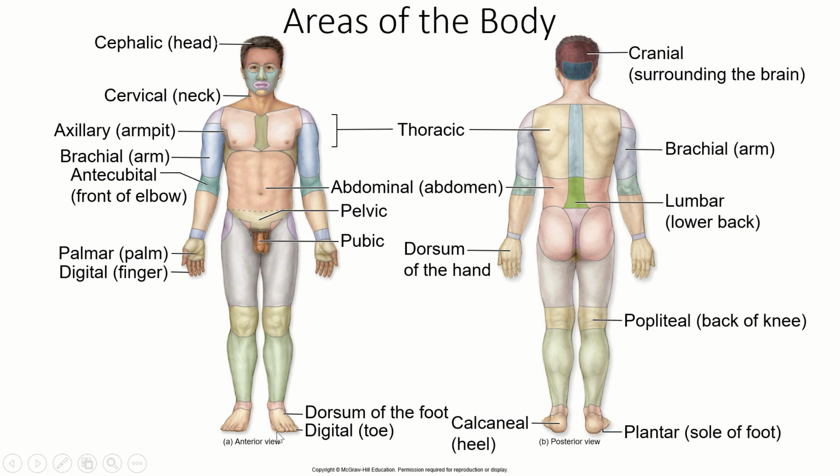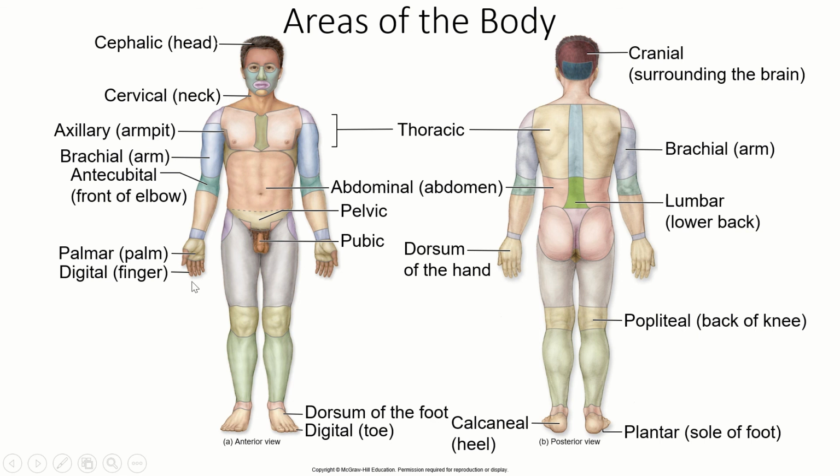So this can be confusing. The dorsum of the hand is the back side, the dorsum of the foot is the top side. Think of a quadruped animal with its hands and feet on the ground. The dorsum of the foot and the dorsum of the hand both face up toward the dorsal side. That's where that name comes from.